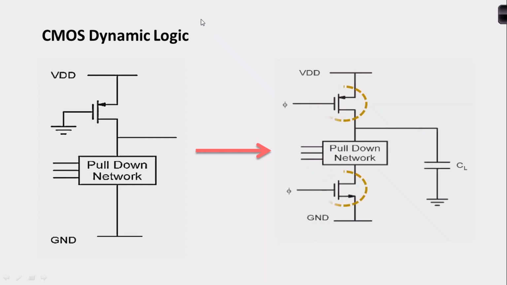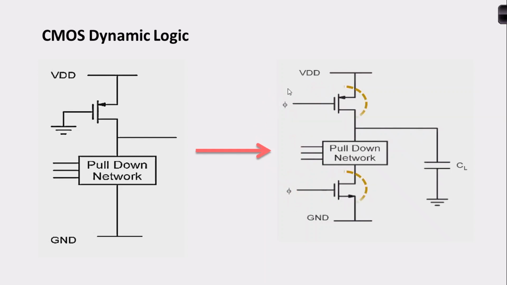In dynamic logic, we have a pull up region with a PMOS, and a pull down region with the actual logic, which is connected to an NMOS transistor. But both this PMOS transistor and NMOS transistor are driven by a clock signal, or something like an enable signal.